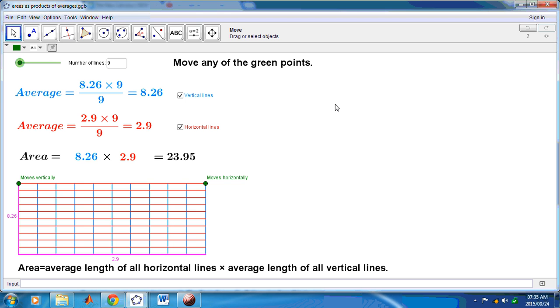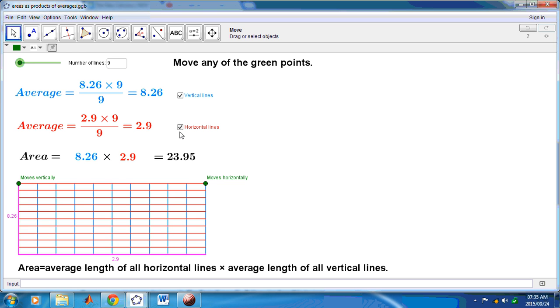So this here describes to us how we came to the understanding of area. And I will show you later on, and you will see that this is exactly what we do when we integrate a curve and we find the area between the curve and the x-axis.